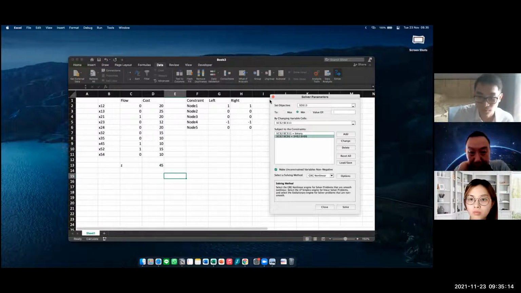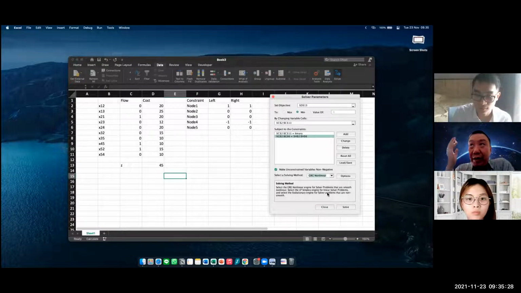And it works. So what is the difference between GRG nonlinear, evolutionary, and simplex? Good question. Those are three different methods of optimization that Excel employs. There are actually different methods of optimization, not only those three, there are hundreds of them. Evolutionary is basically a genetic algorithm.